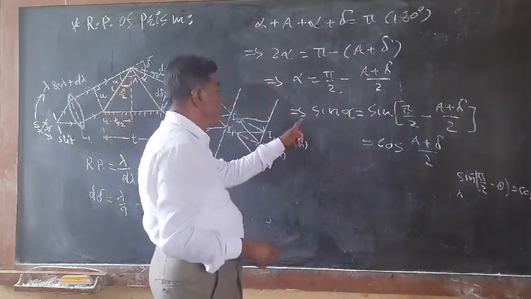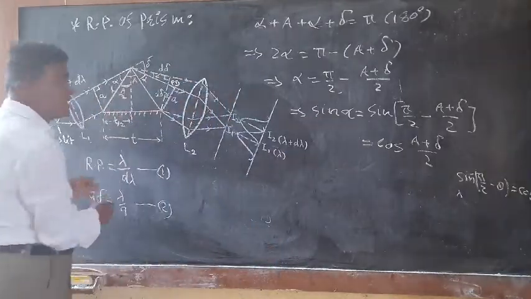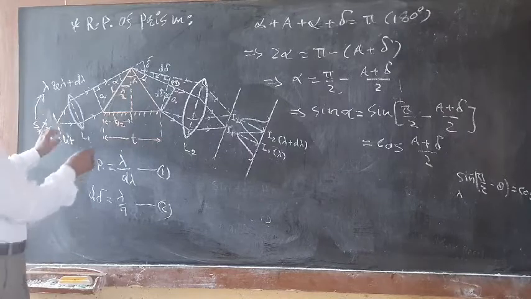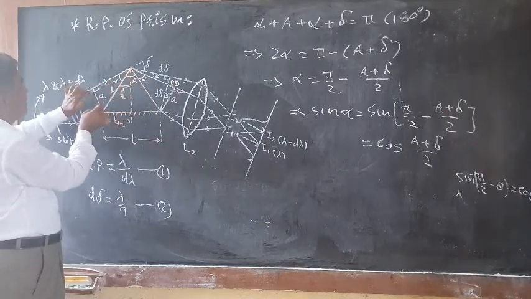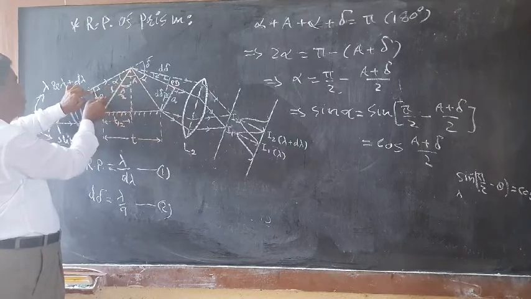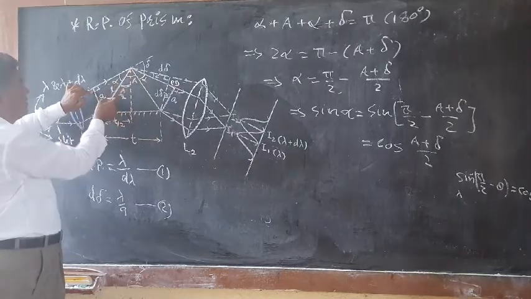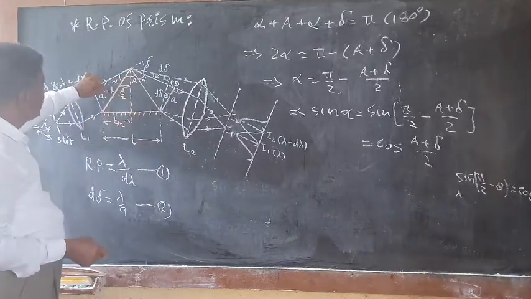Now again from the figure, we are getting this sin alpha. Consider this right angle triangle. From this right angle triangle, this is the hypotenuse. Sin alpha is equal to front side divided by hypotenuse, that is A divided by L, where L is the length of the side of the prism.